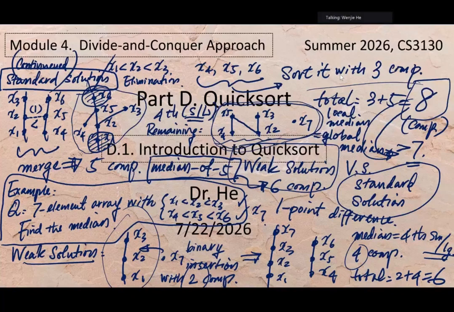If we ignore this link, which may help, but for simplicity let us ignore the link between x5 and x2, at least we know the comparison results of these 2 pairs.